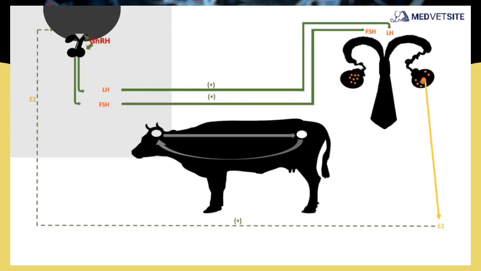indicating that the cow is ready to conceive. In domestic animals, heat generally coincides with ovulation, since high concentrations of estradiol cause stimulation of the hypothalamus and pituitary gland, causing GnRH levels to increase.